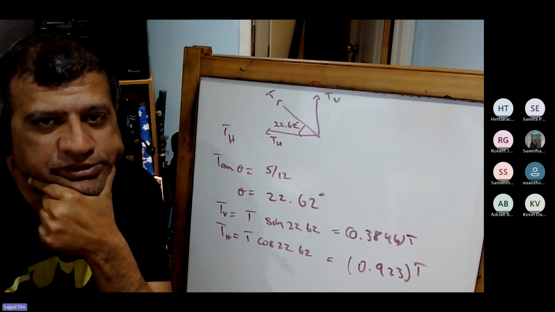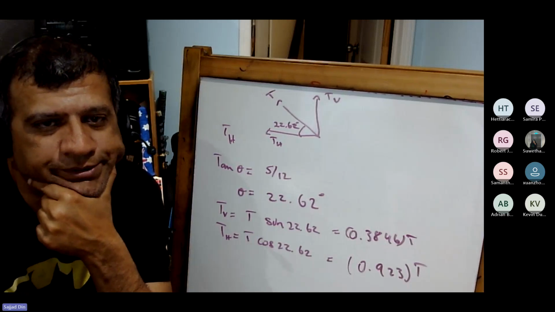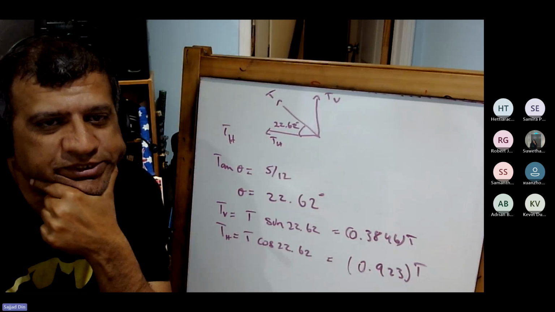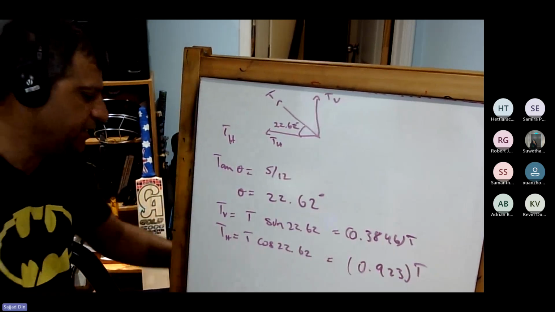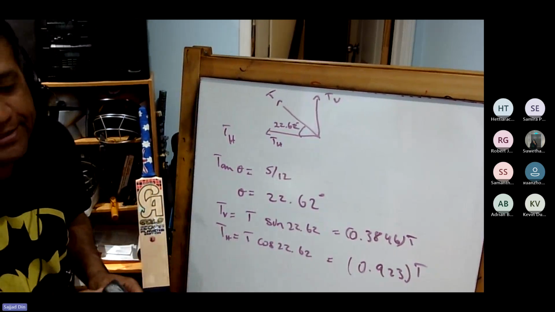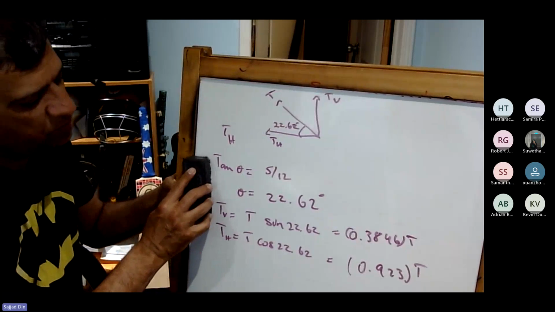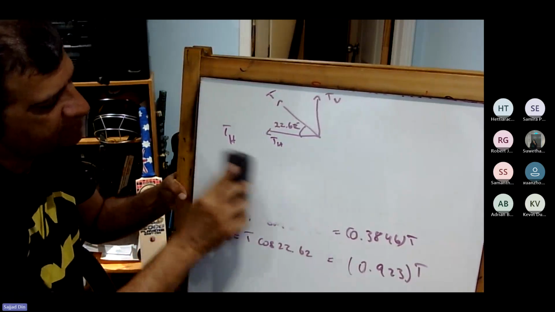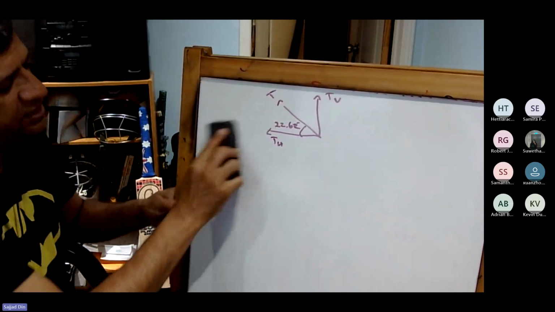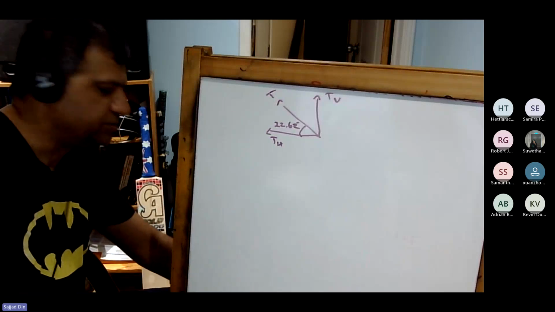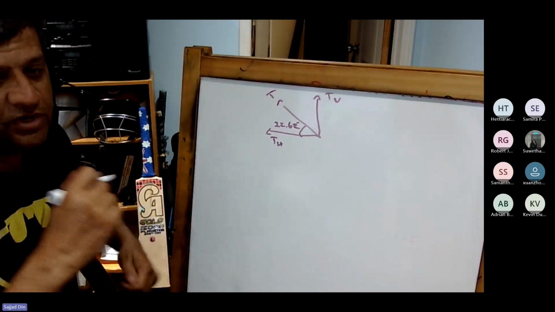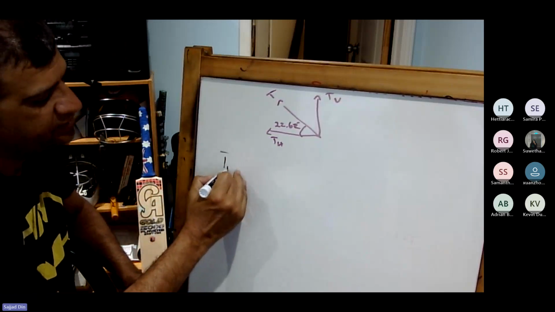Yeah, it looks like the solutions want us to use the ratios to determine TH and TV. So that's what we'll probably end up doing instead, because this is getting a little bit out of hand in terms of being complicated.